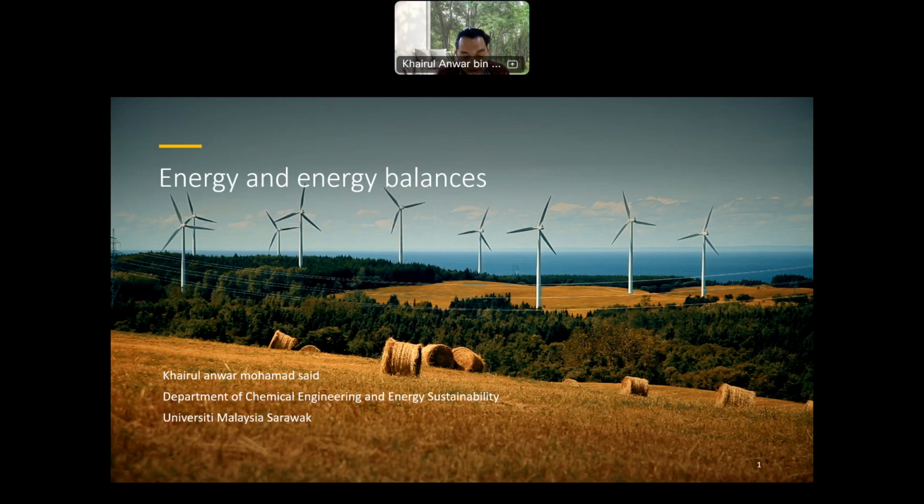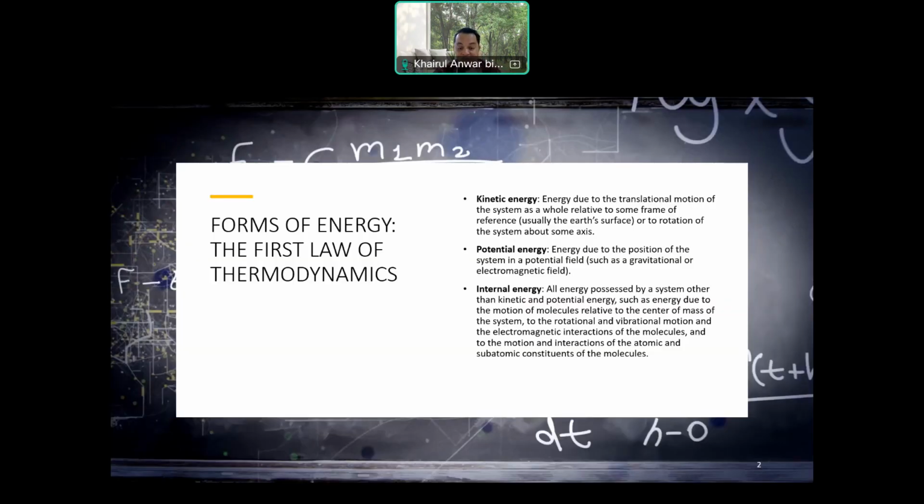How much energy is required to convert 2000 kilograms of water at 30 degrees C to steam at 150 degrees? All of these questions can be answered by energy balance. So, forms of energy.